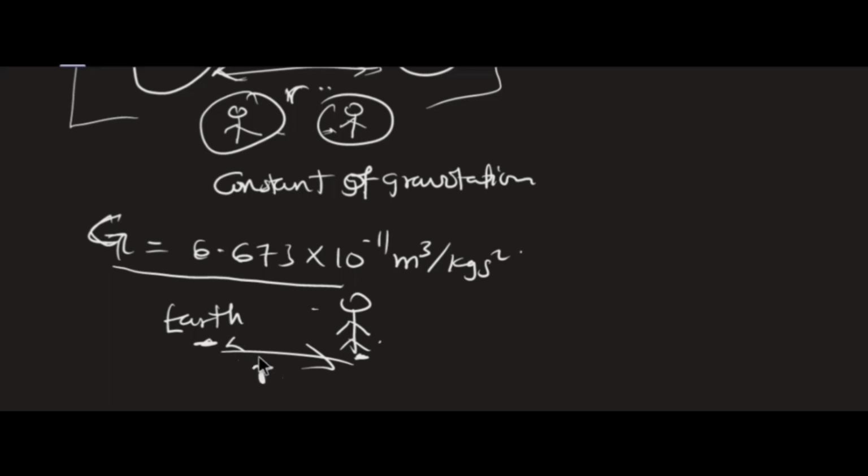So when you consider the earth and a body within the earth, the distance between them is going to create a gravitational force. And that force is what we call weight. So the weight of your body is due to the gravitational interaction with the earth, right? Hence the earth is a huge body and it's going to make the force of gravity significant.